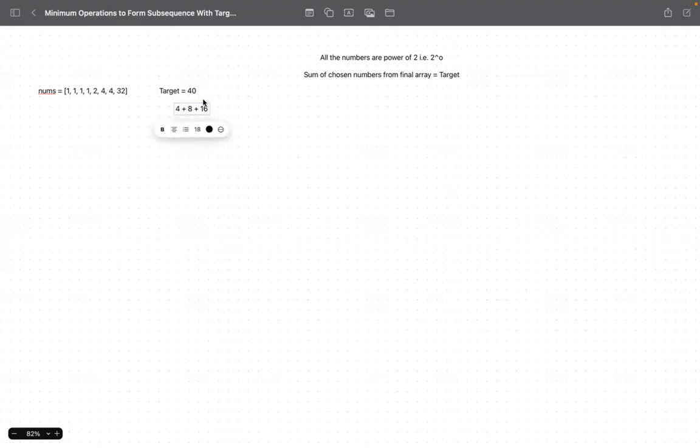So here, if 40 is the target, you can split it into 8 plus 32. I'll show during implementation how we can split the target into powers of 2. And after splitting it, these values have to be arranged in increasing order as well.